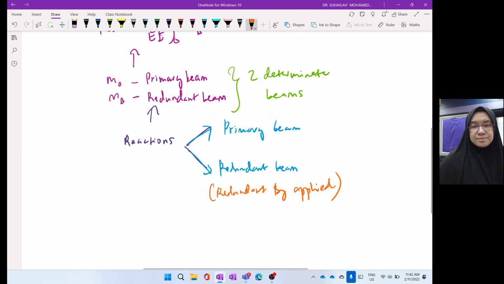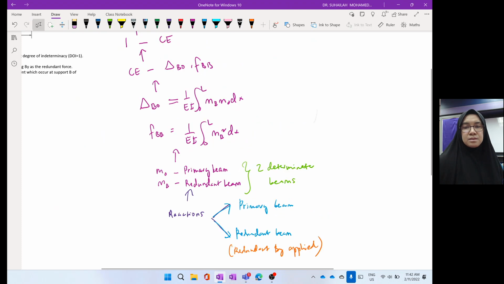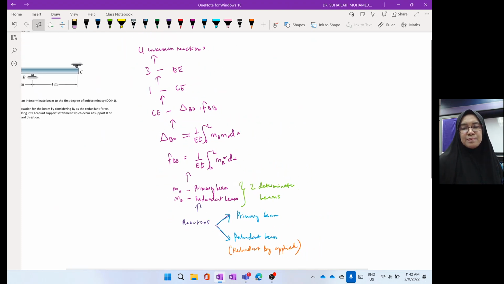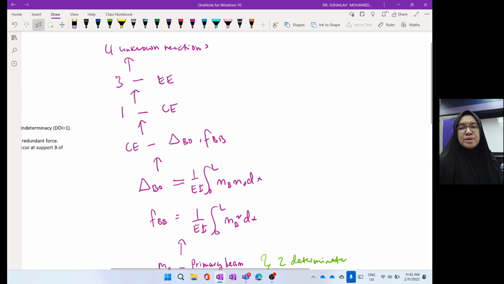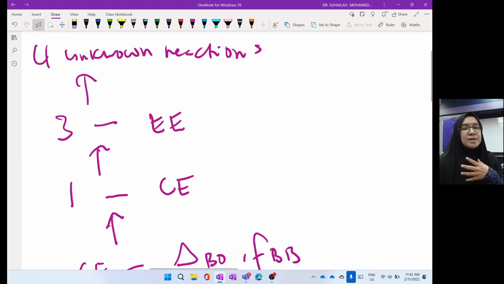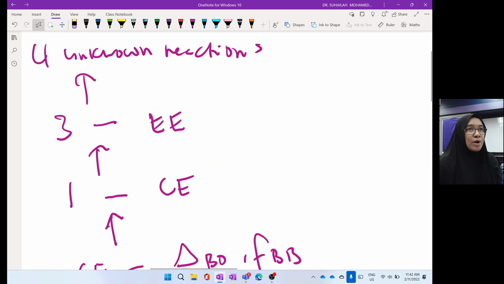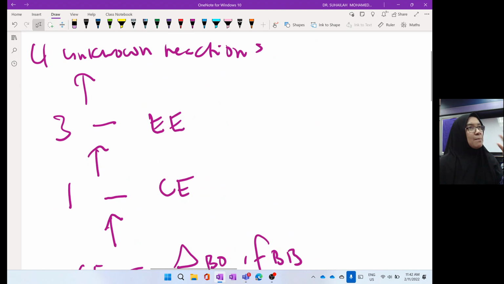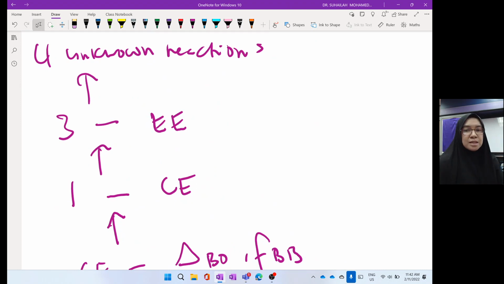Okay. Always begin with the end in mind. Means that it is a sign that we understand what to do. Okay, it means we can see what our aim is. Our aim is to calculate unknown reactions which we cannot calculate using the equilibrium equation only.